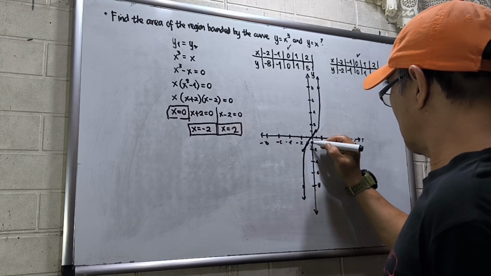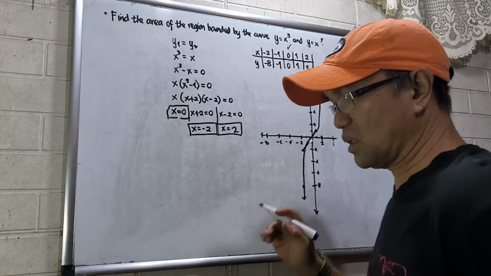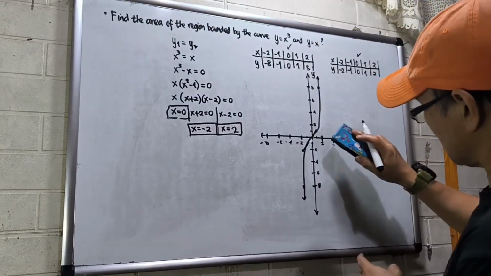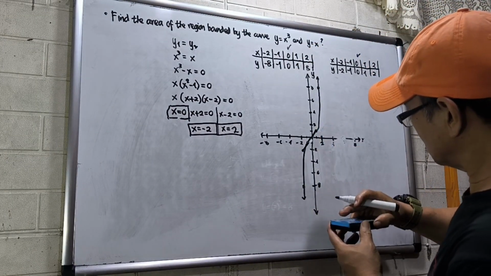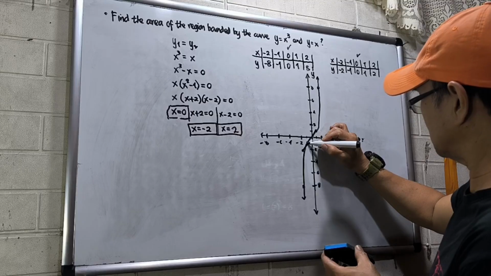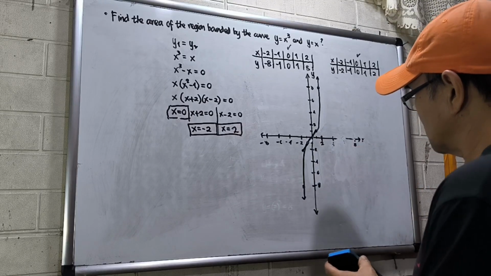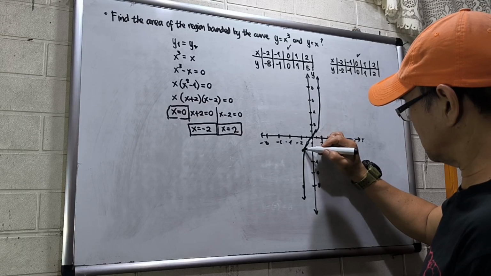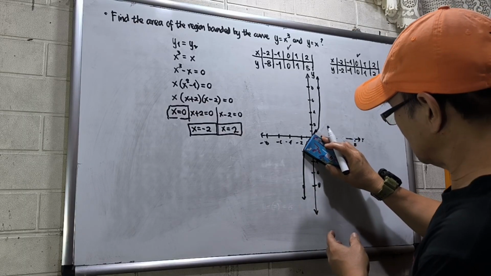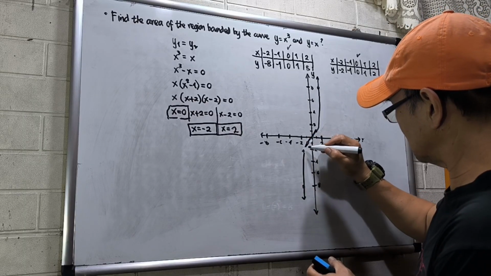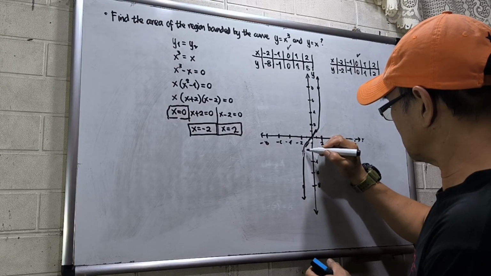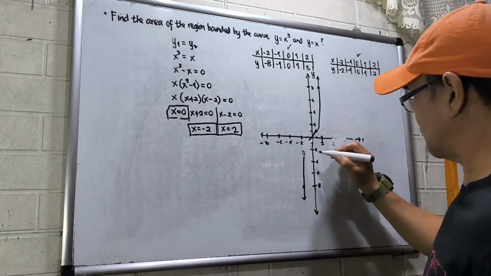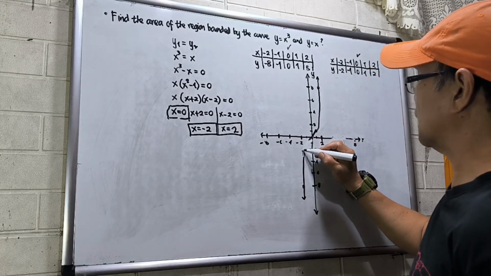Negative 1. This one is curved. Wait. Negative 2 and 8. Negative 1, 1.